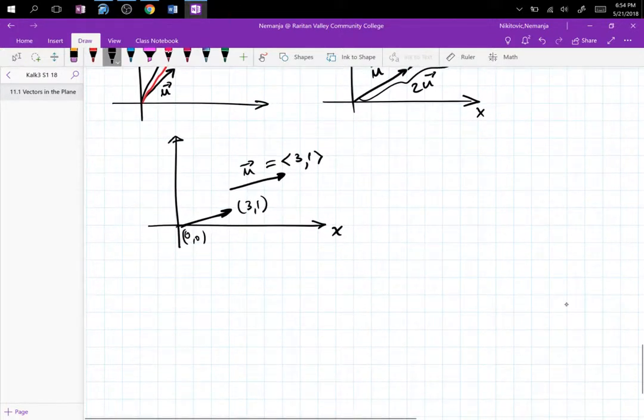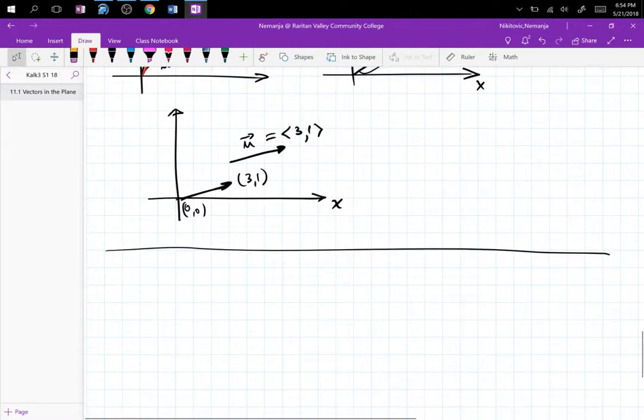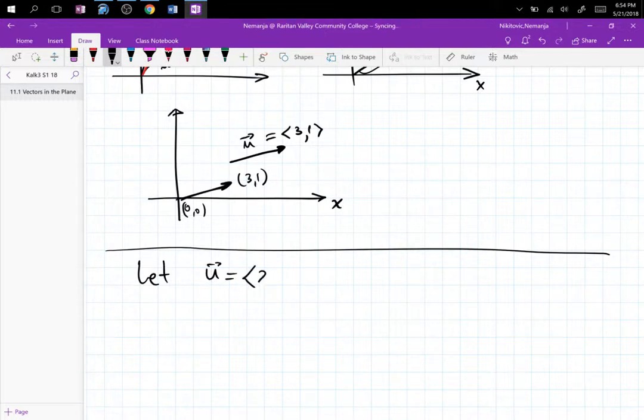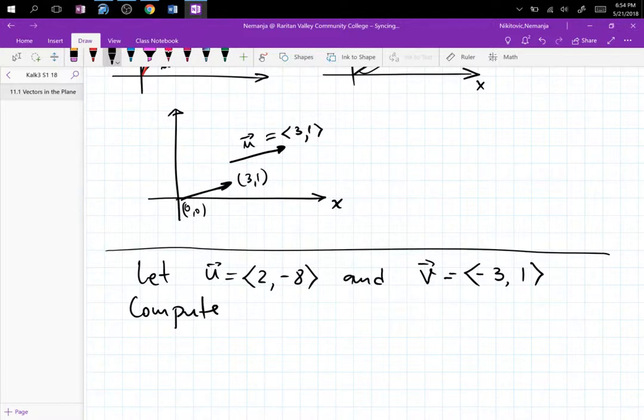So now we can think about working with vectors in the sense where I say let vector u be 2, -8, and vector v, let's say, is -3 and 1, whatever. Compute 3u minus v.